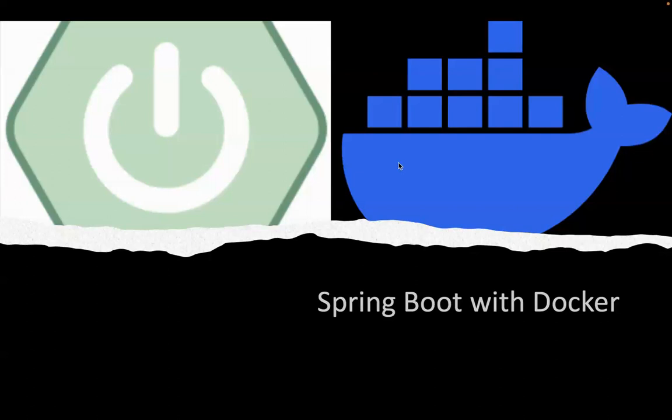So now, as a developer, you're just going to create an application and we are going to create something called a Dockerfile. The Dockerfile is nothing but a set of instructions to run our application in the container. Now I'm saying it's a container.